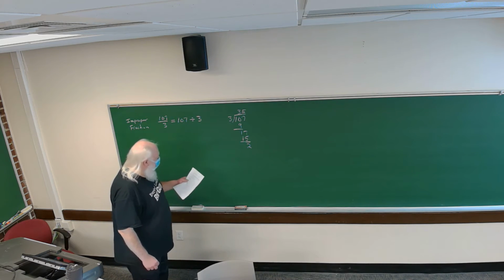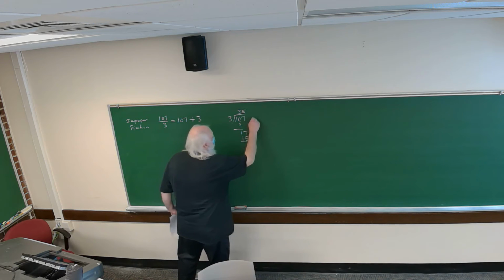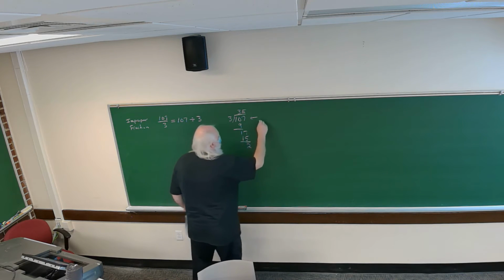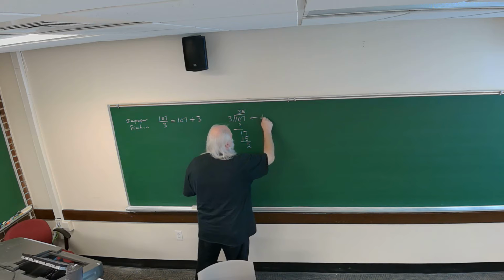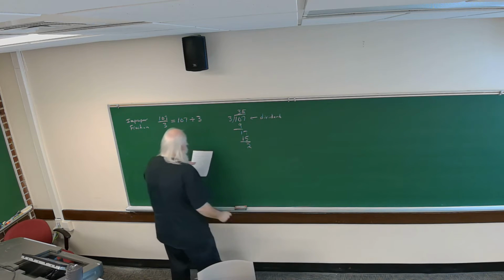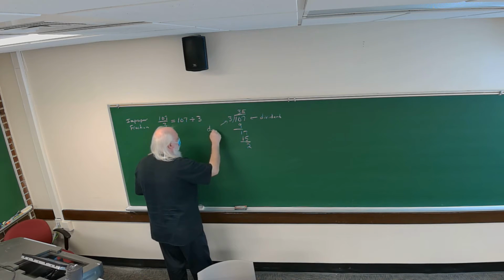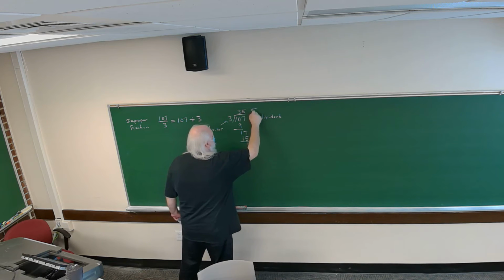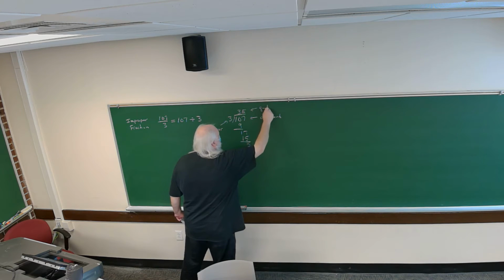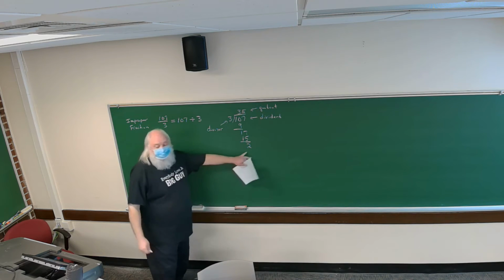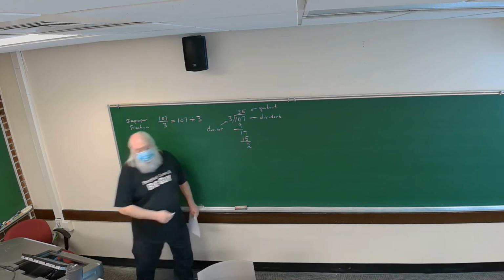So the 107 that's being divided is called the dividend. The 3 is the divisor. The 35 is the quotient, and 2 is the remainder.